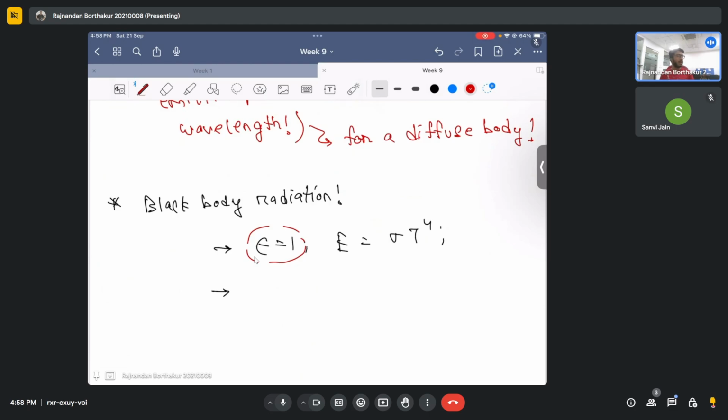You just need to keep in mind that at a given temperature, a black body has the maximum emissive power because its emissivity is equal to 1. Also, a black body absorbs all the radiation that is incident on its surface. And of course, a black body is also a diffuse emitter. That you also need to understand. So these are some properties of a black body.